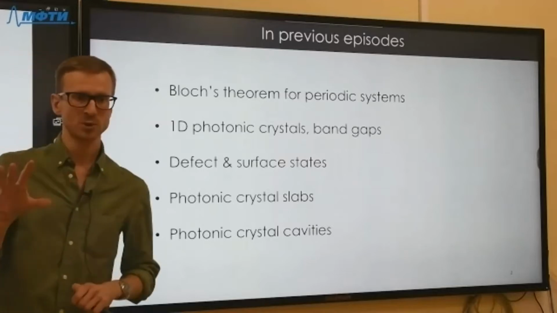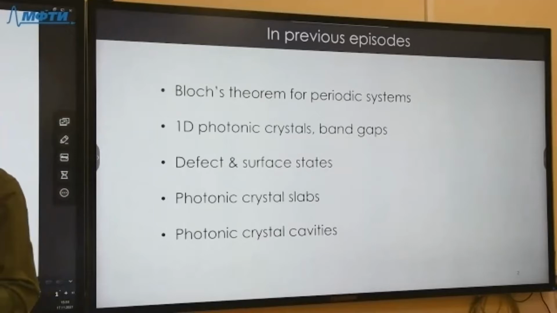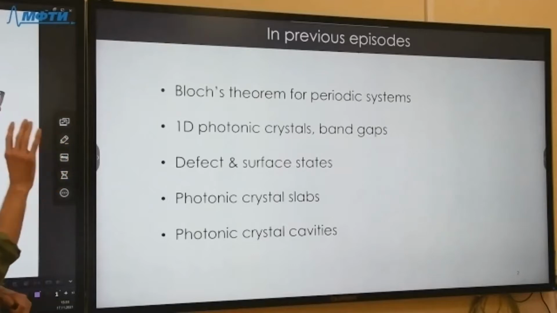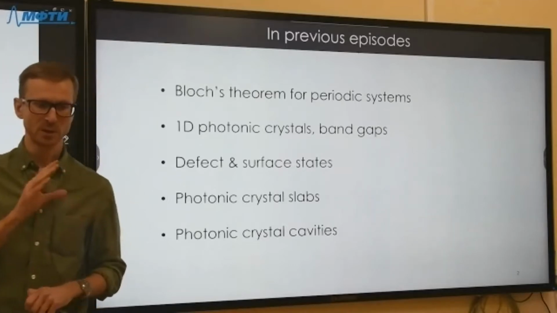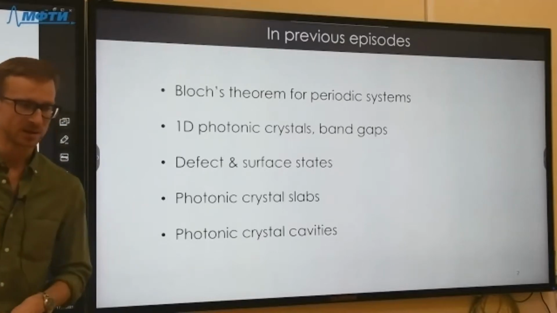We only looked at the radiation itself, how it propagates through the system as a plane wave or in the form of a waveguide mode. And today we're actually going to start looking at the radiation problem itself. We're going to look at how radiation is emitted by a source, how it propagates in space, how it forms the emitted signal itself.